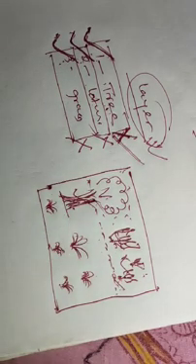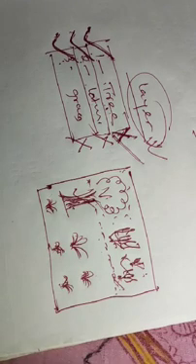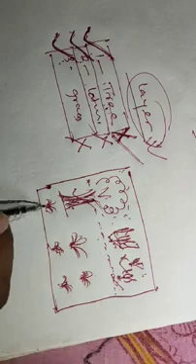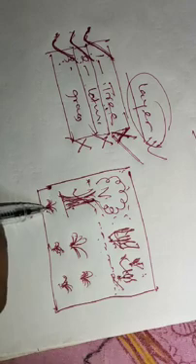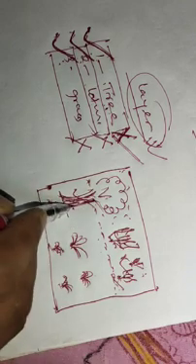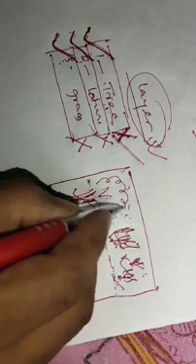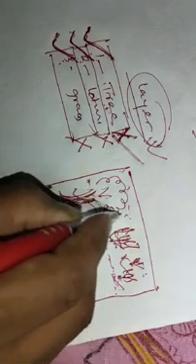Understood? Okay. So one thing I want to tell you. Suppose this grass is there, and this tree is there. One lotus I'm drawing here.